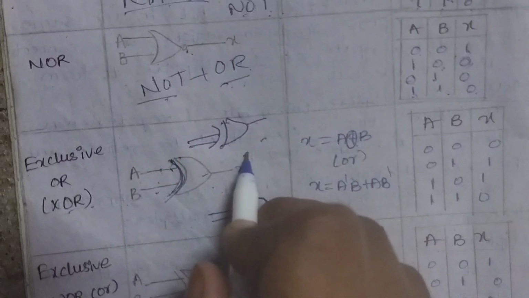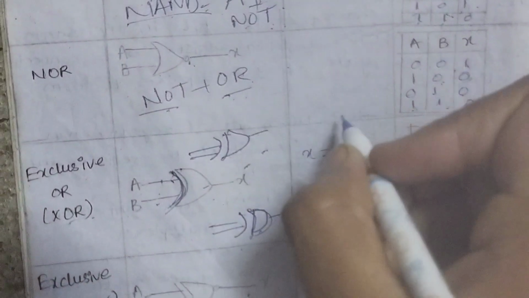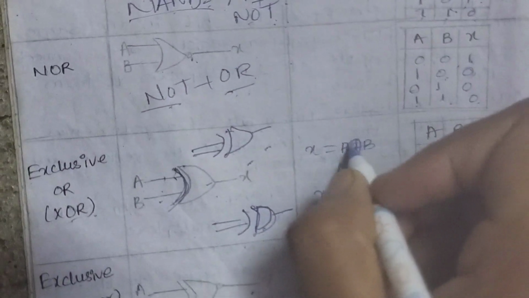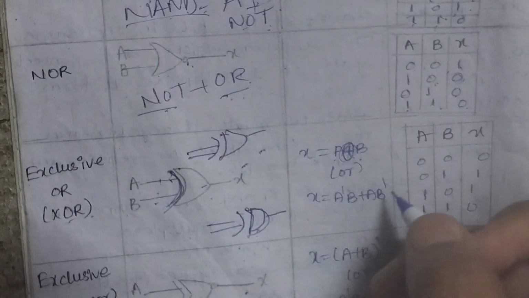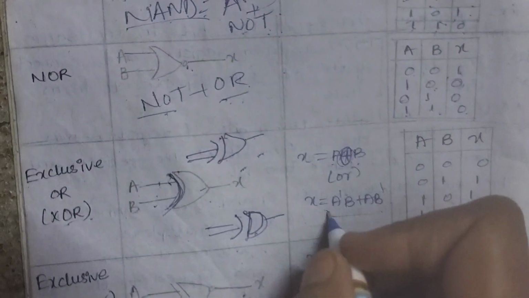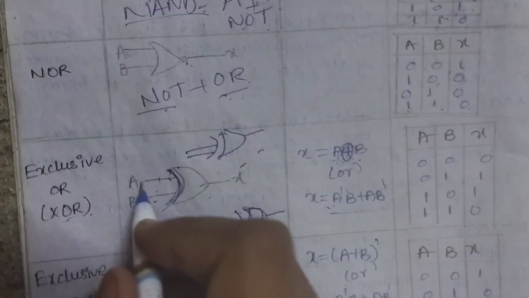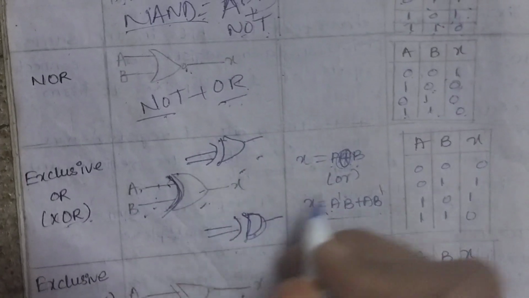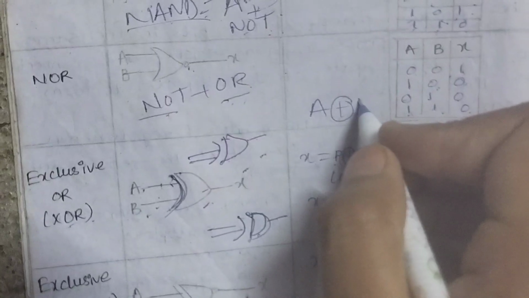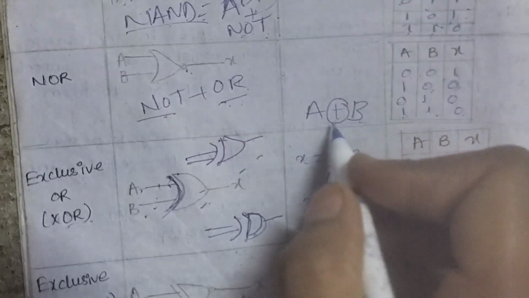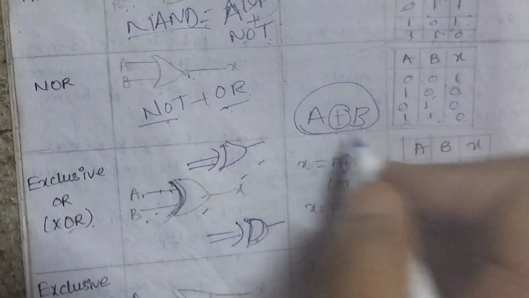It is a representation taking the plus and circle symbol. It will produce the A dash B plus A B dash format. When we give A and B as input, after calculating this, A exclusive OR B, this is the exclusive OR value.